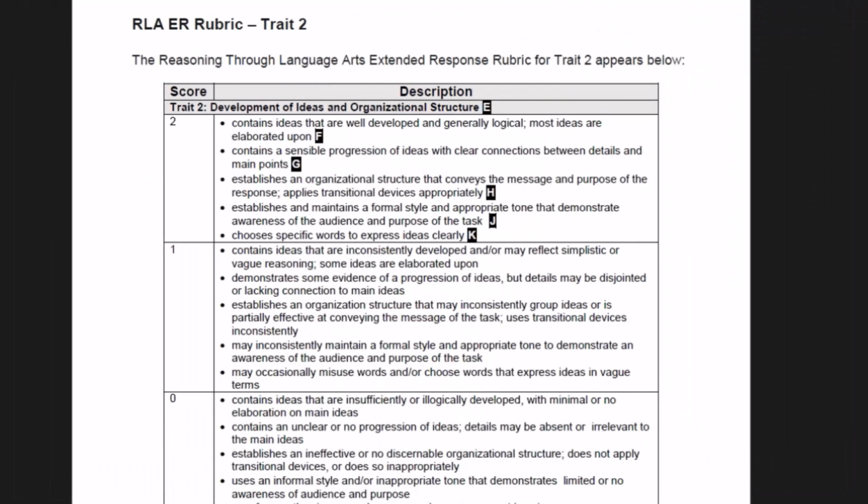Please make sure you check out the first video as well, where I discuss how much time you're given to complete this task. I'm going to read all 5 bullet points at once, and then we're going to go to the next page where we are going to see the notes or the annotations that go with the letters after each bullet point. If you go to the first video, I explained the setup of why there are 6 pages, but the rubric is only on 3.